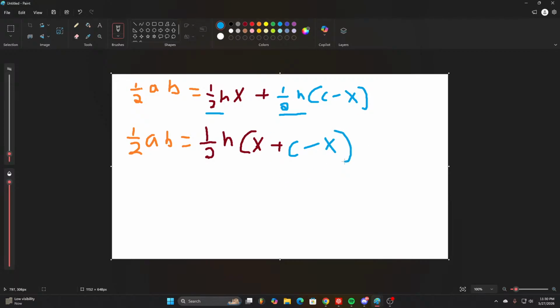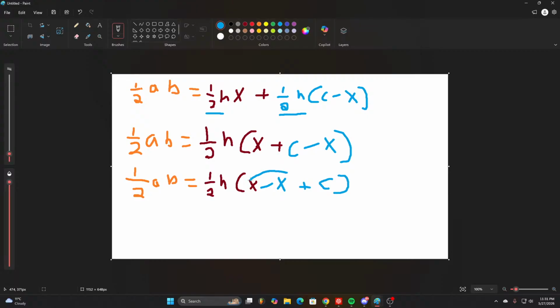Now, what do we see right here? This is x plus c minus x. So we can rewrite to say 1/2 a times b is equal to 1/2 h times x minus x plus c.